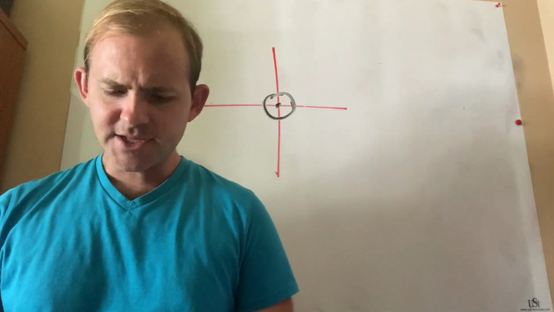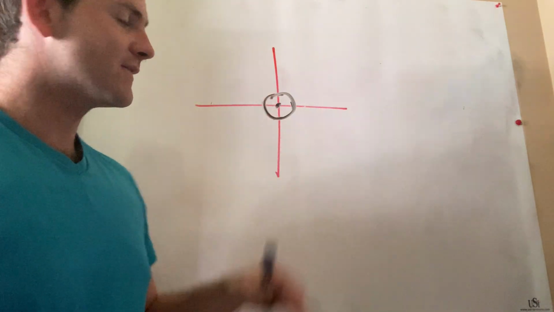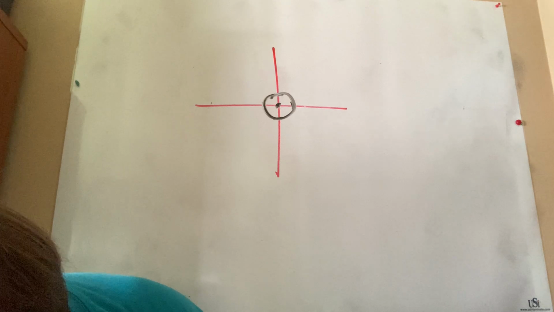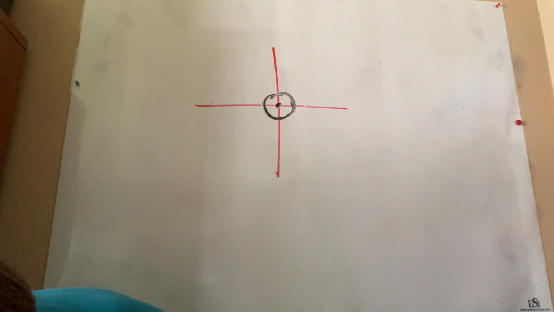Now, the first thing they ask us is, how do I move that circle onto another circle, the red one? So let me draw that red circle for you.